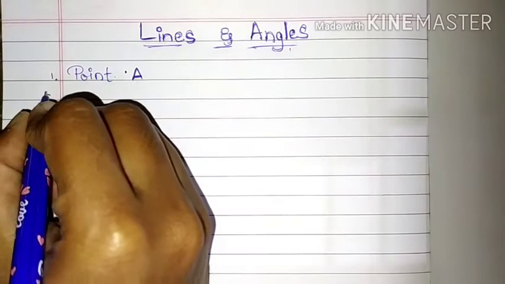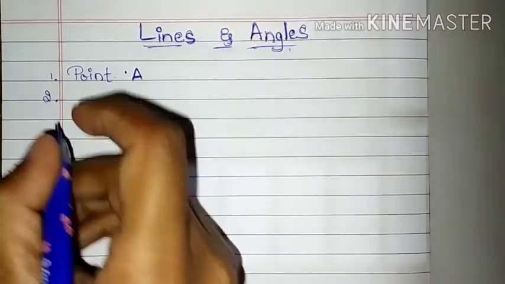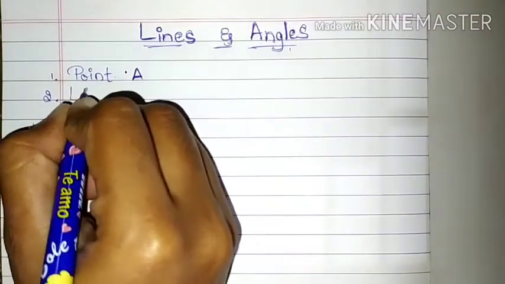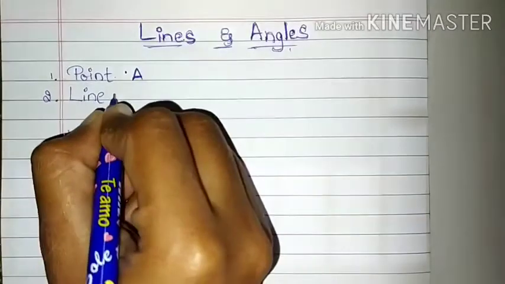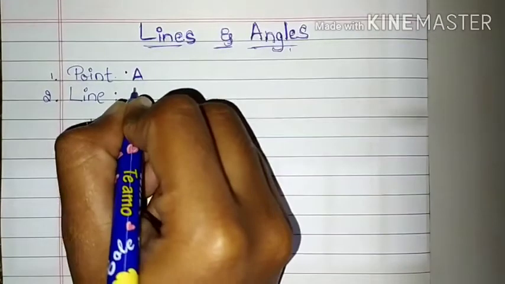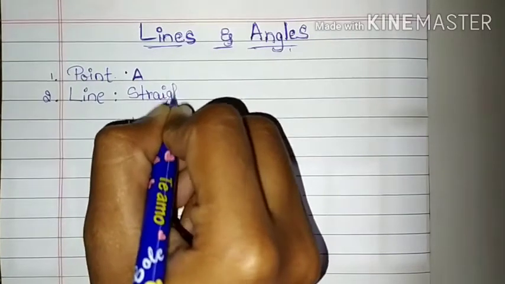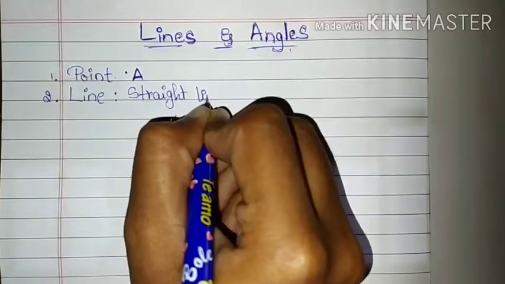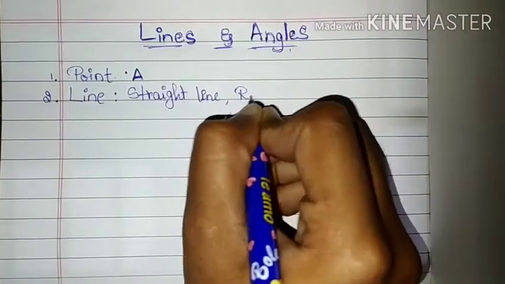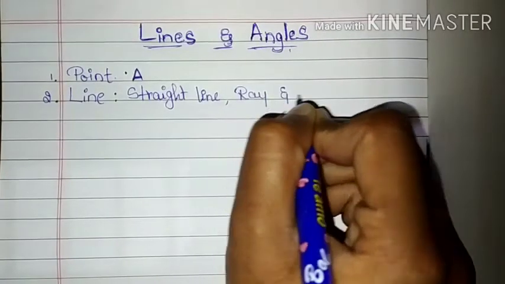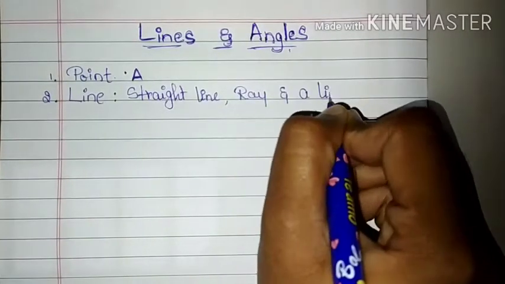The second element or object which we learnt about was line. In line, we went through straight line, ray and a line segment.